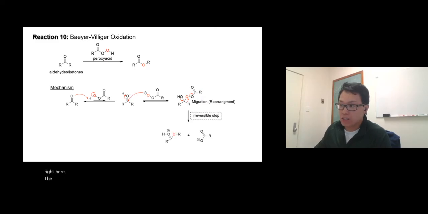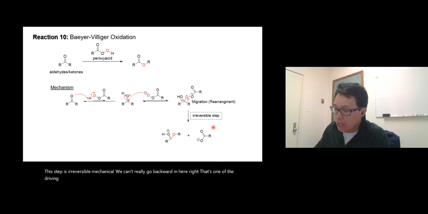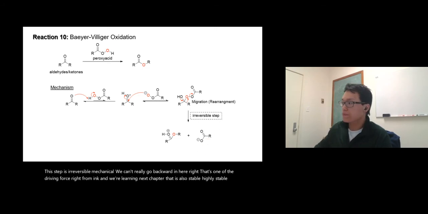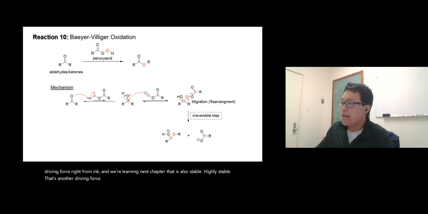This step is irreversible. We can't really go backward here, and that's one of the driving forces. You'll learn in the next chapter that carboxylate is also highly stable. That's another driving force.